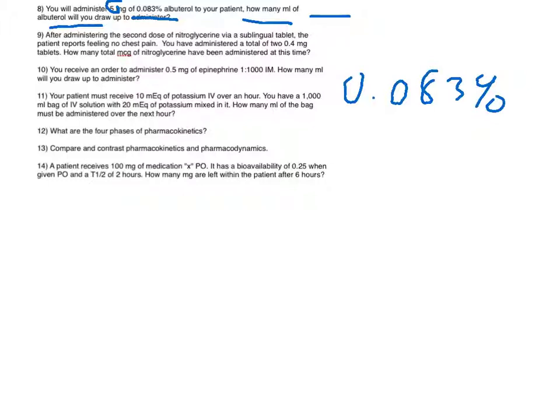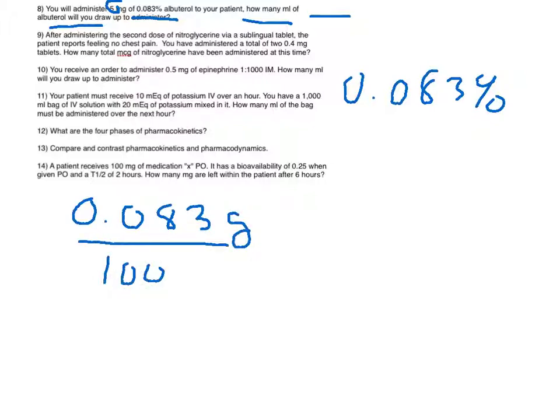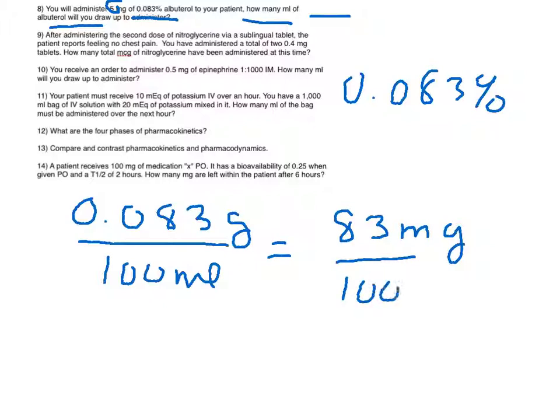If you remember, percentage is always grams out of 100 milliliters. The 100 milliliters never, ever, ever changes. So really, 0.083% is 0.083 grams in 100 milliliters. Well, we can also express that in milligrams, and 0.083 grams is simply 83 milligrams in 100 milliliters.